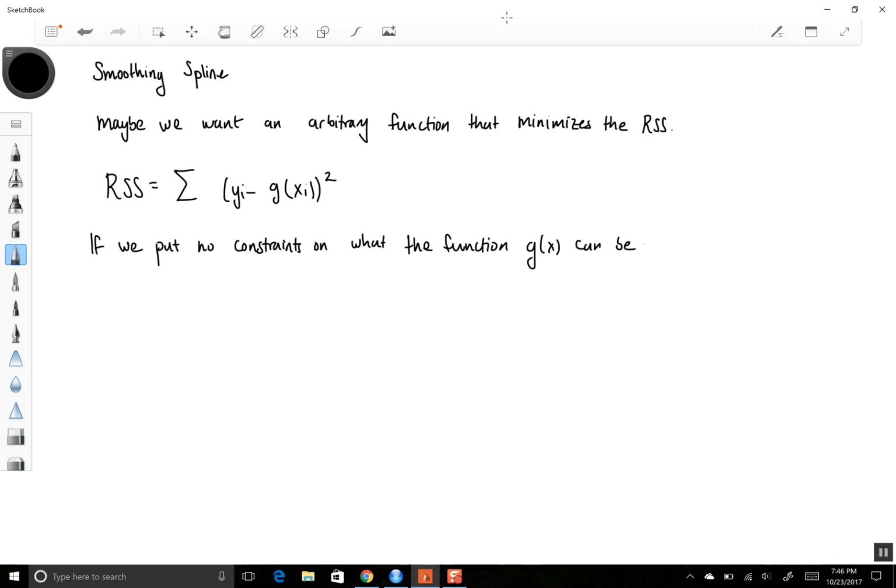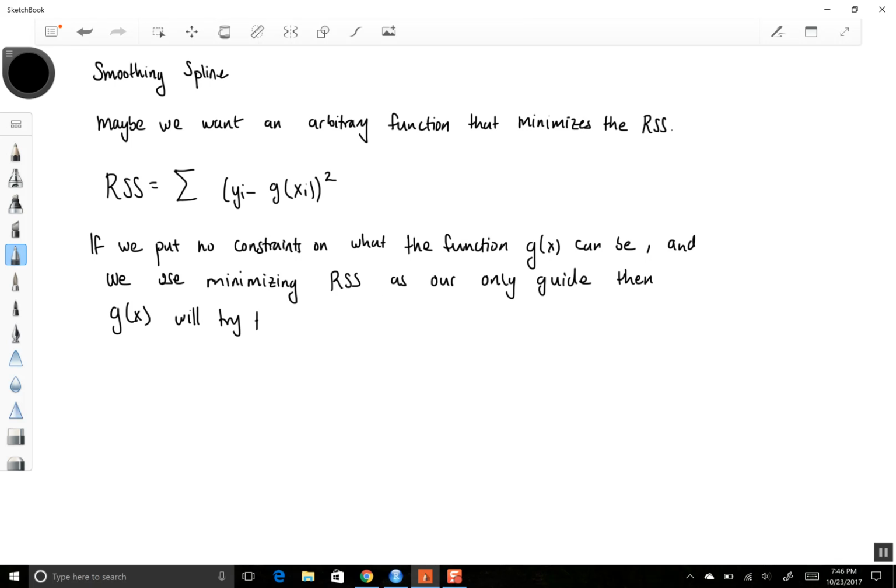If we put no constraints on what the function can be, and we use minimizing RSS, then g of x will try to fit the data perfectly.